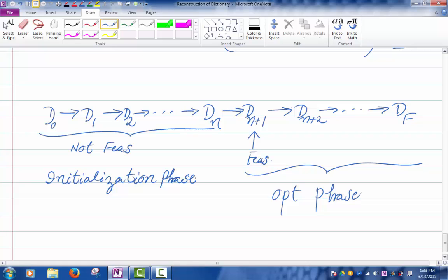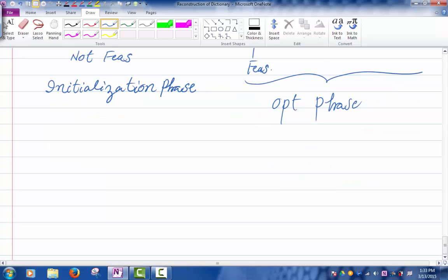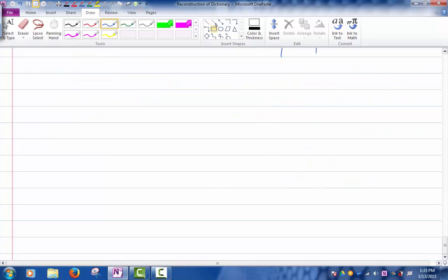So in the initialization phase, what happens is that when you make your first initial dictionary, it's not going to be feasible. Let me give you an example. Let's say you have a region that looks like the following.